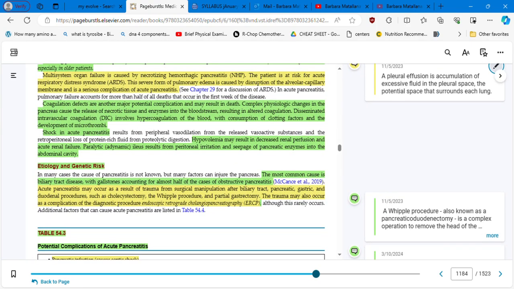acute pancreatitis. And remember, when we started this chapter, before I explained cholecystitis, we said that this biliary system, which is formed by the liver, the gallbladder, and the pancreas, can cause referred pain in different organs.